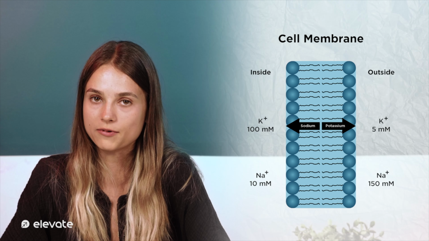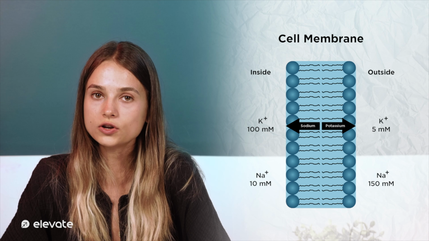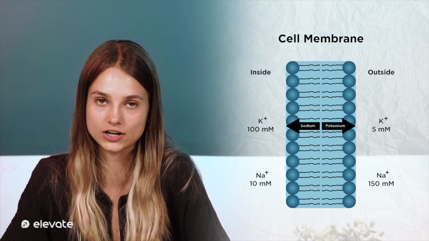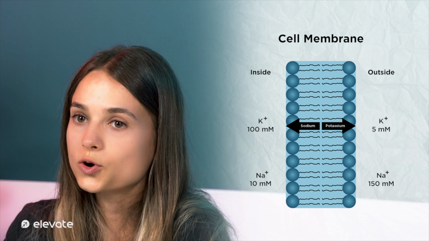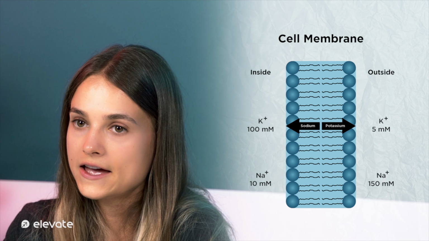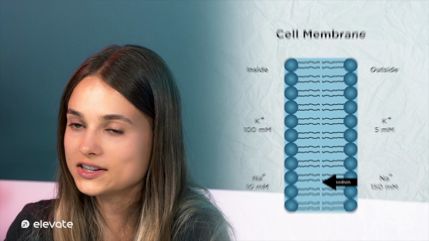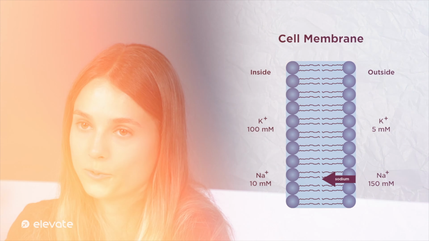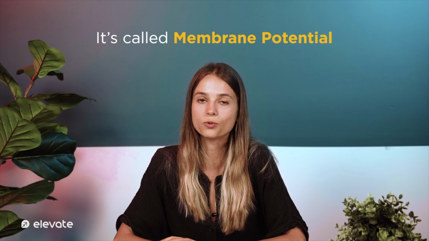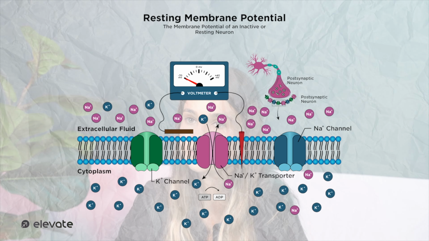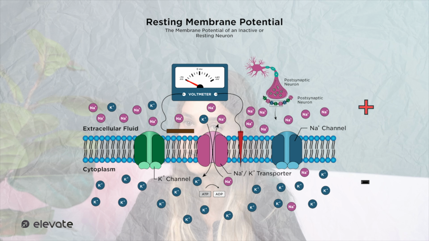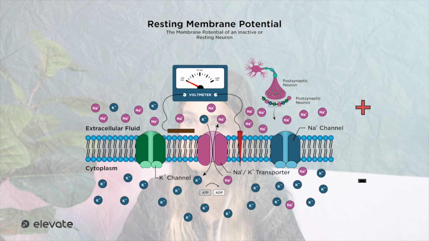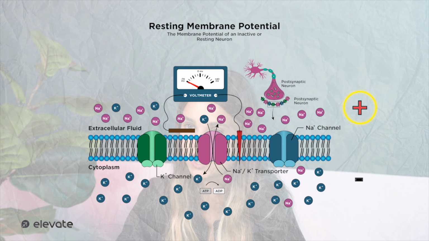Recall that with any type of concentration gradient, molecules will move from an area of high concentration to an area of low concentration, which means that if ions could move freely across the membrane, then potassium would flow out and sodium would flow back into the cell. The difference in total charge between the inside and the outside of the cell is called the membrane potential. A neuron at rest has a membrane potential of -70 millivolts.